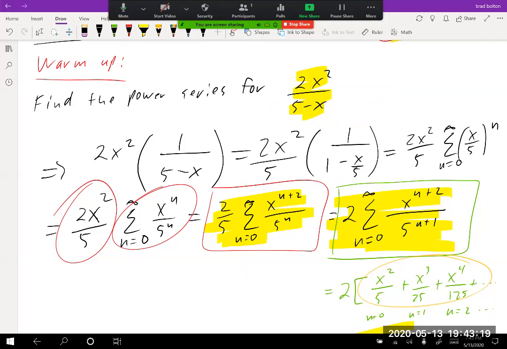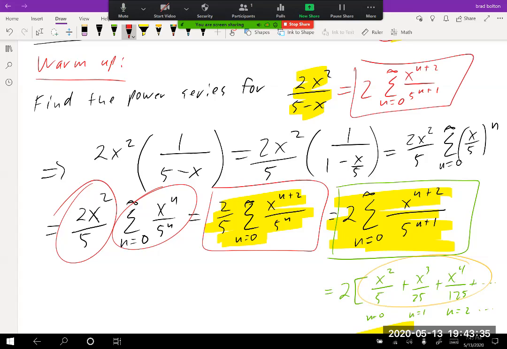What we just said is that this series is represented by 2 summation n equals 0 to infinity of x to the n plus 2 all over 5 to the n plus 1. We just said that these two things are now the same, right? They can represent each other given an infinite amount of terms, all right?